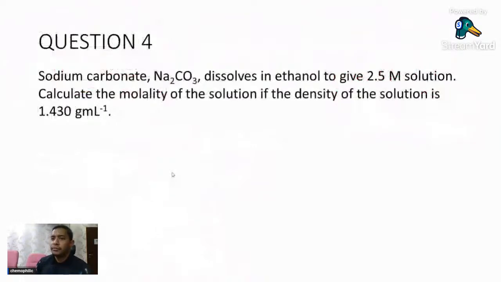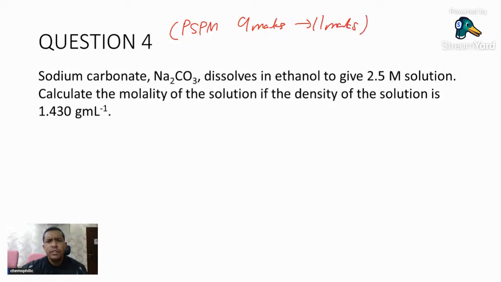This question in PSPM will usually cost you roughly 9 to 11 marks. I forgot already, but I think last time it was 11 marks. Quite a lot of marks, right? This question came out in PSPM a couple of years ago.